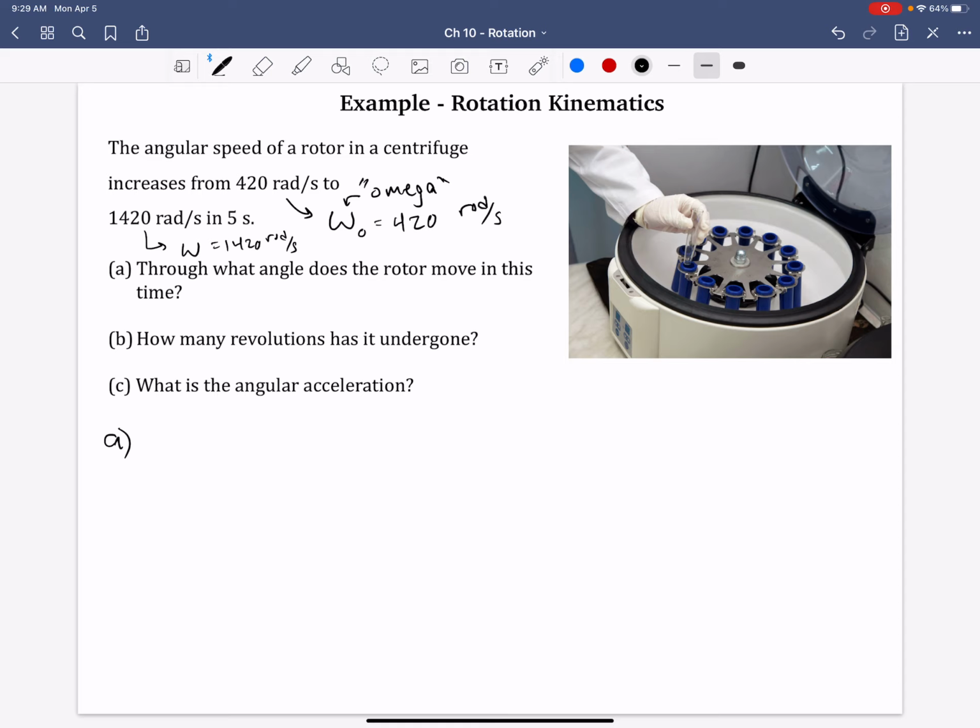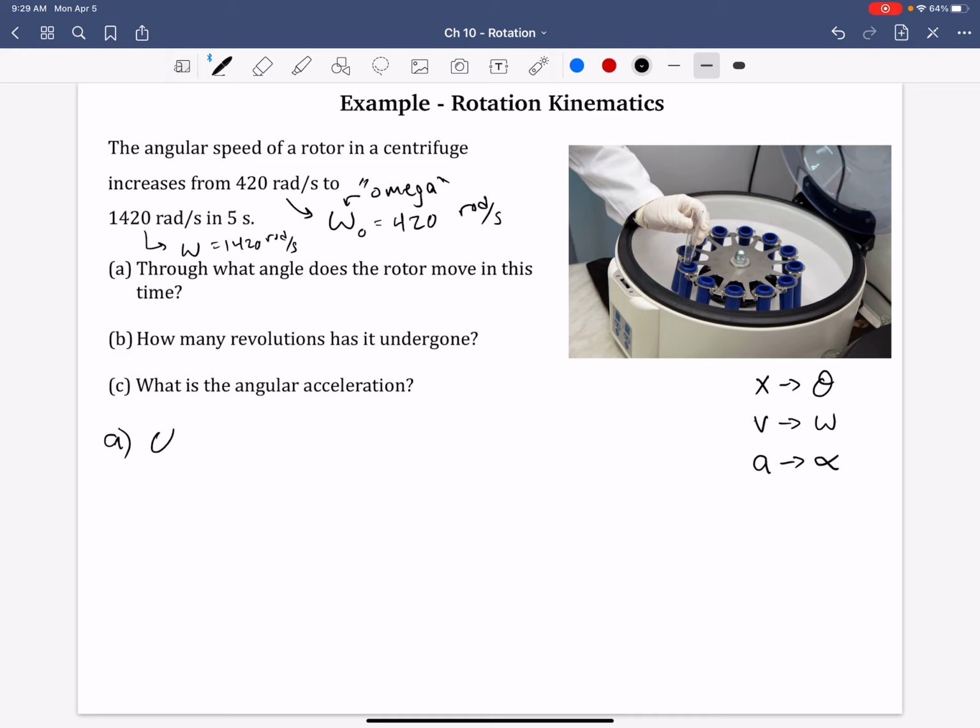So let me write that off to the side. The chapter 10 analog for position is now theta. The chapter 10 analog for speed or velocity is now omega. And the chapter 10 analog for linear acceleration, a, is now alpha for angular acceleration.